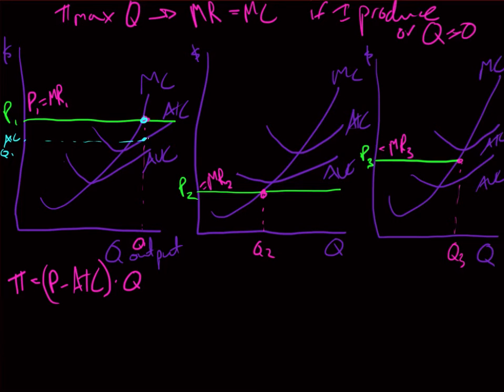Okay. So the distance between these two, price minus average total cost, would be my profit or loss per unit. What do you guys think? Is it a profit or is it a loss? Well, since my price, which is my revenue per unit, is greater than my average cost per unit, this would be a profit per unit.